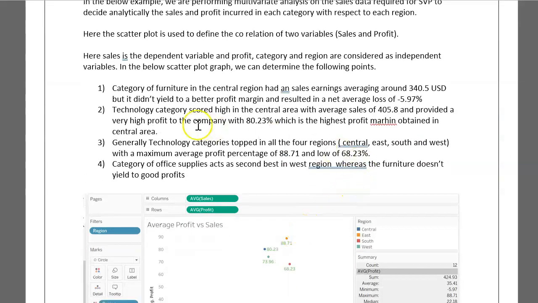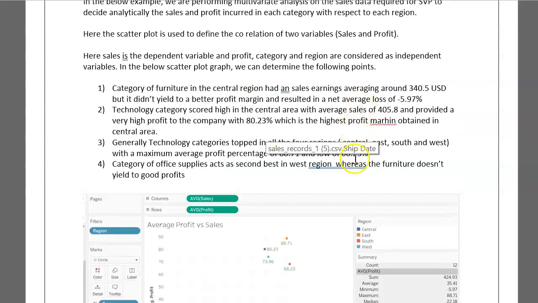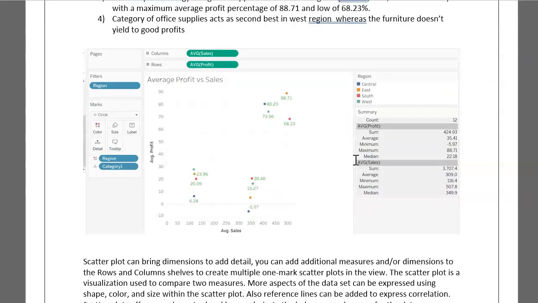If you see here, the category furniture in the central area is highlighted in the blue ones. This one incurred a loss of 5.97 percent when compared to the other regions, east, south, and west.